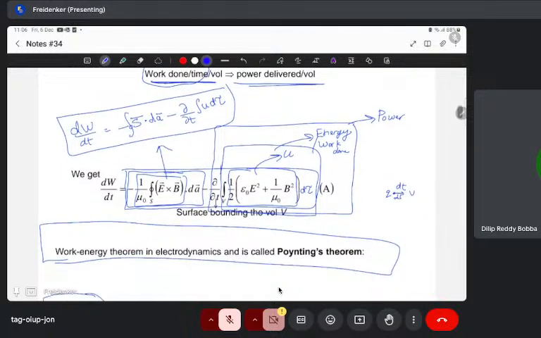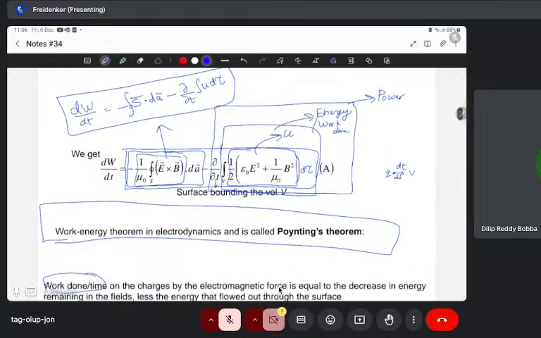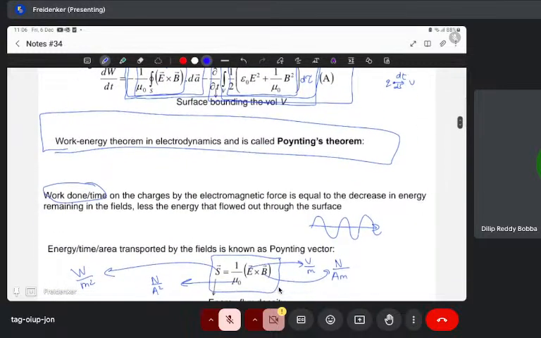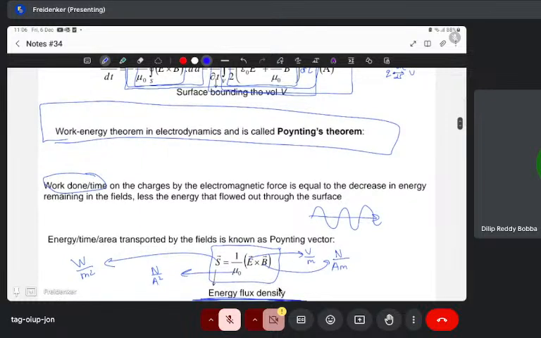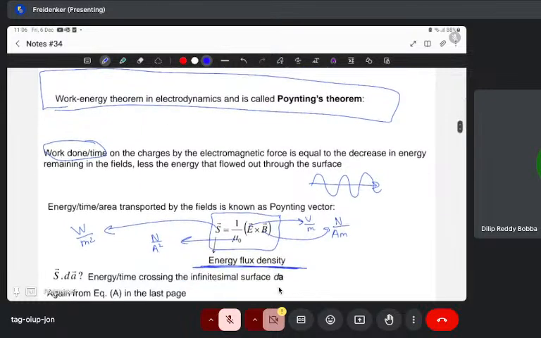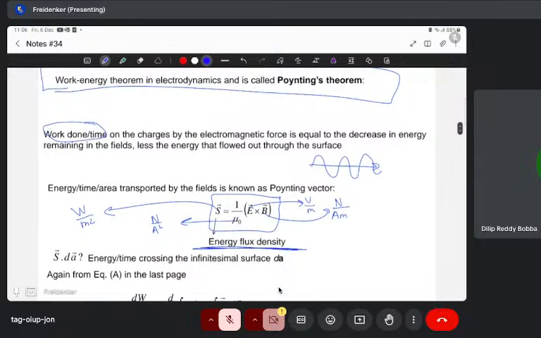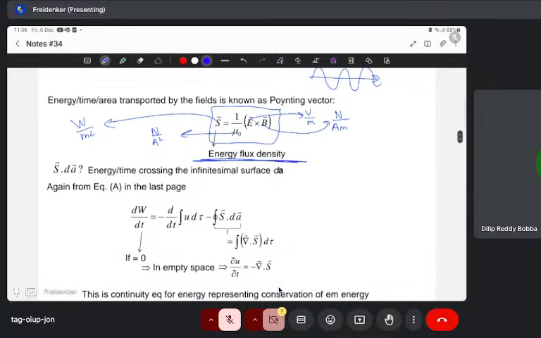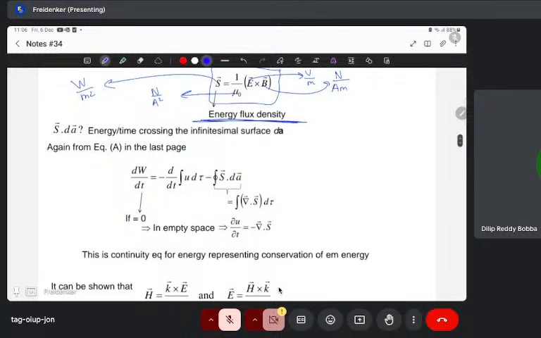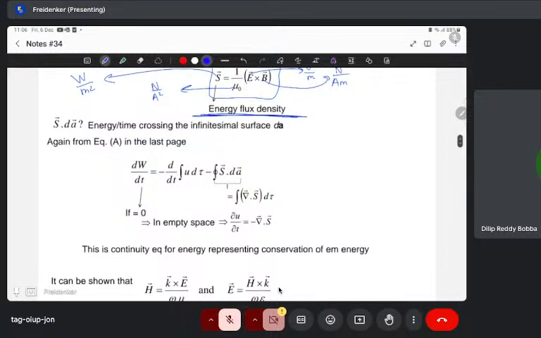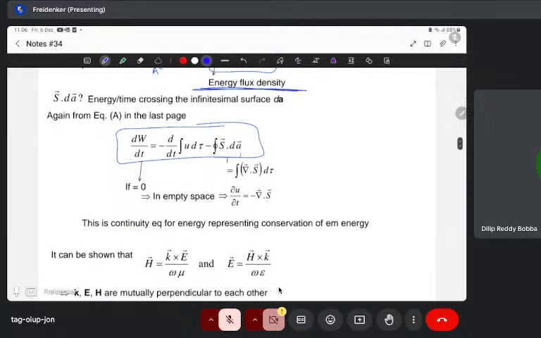Fine. So maybe this is Poynting's theorem. Work done on the charges by electromagnetic forces equal to the decrease in energy in the remaining fields. Okay, they wrote it. I don't have to write it. They wrote it for me. Nice.